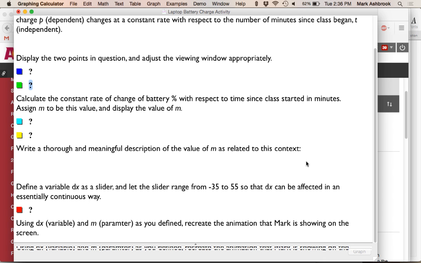We write the word slider. Nobody wants dx equals slider parentheses.